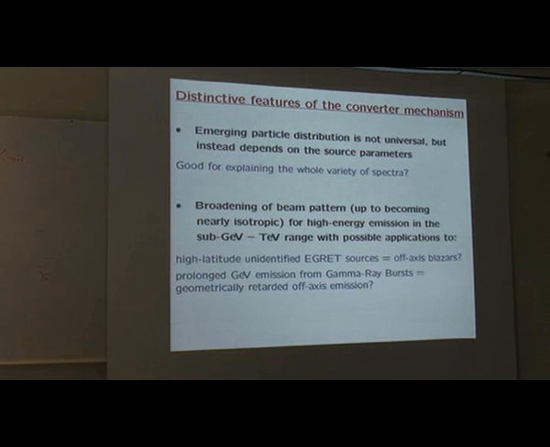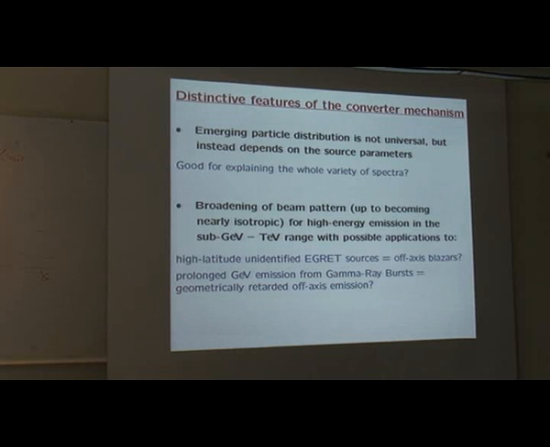Then the emergent particle distribution is dependent on the optical depth for photon-photon pair production. And since the emergent particle distribution is dependent on the source parameters, I would consider this good for explaining very, very different spectra of various gamma ray bursts and active galaxies. The spectra are different.